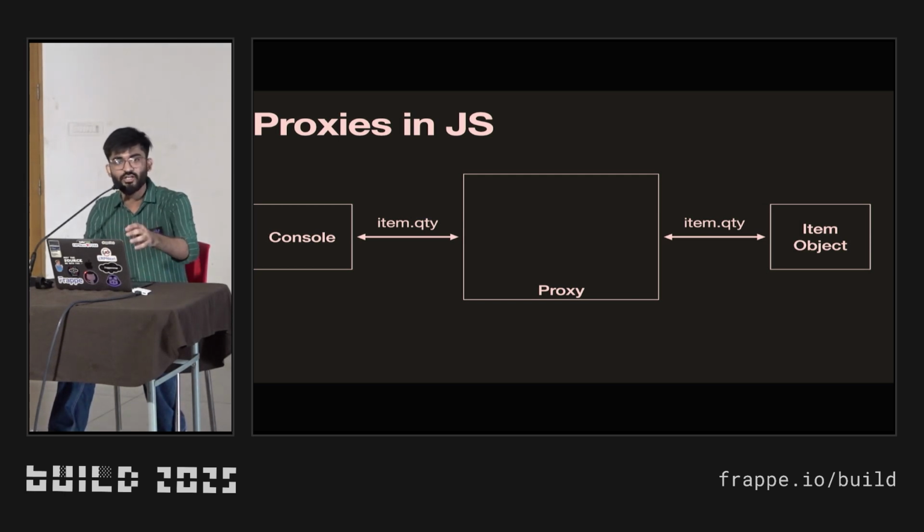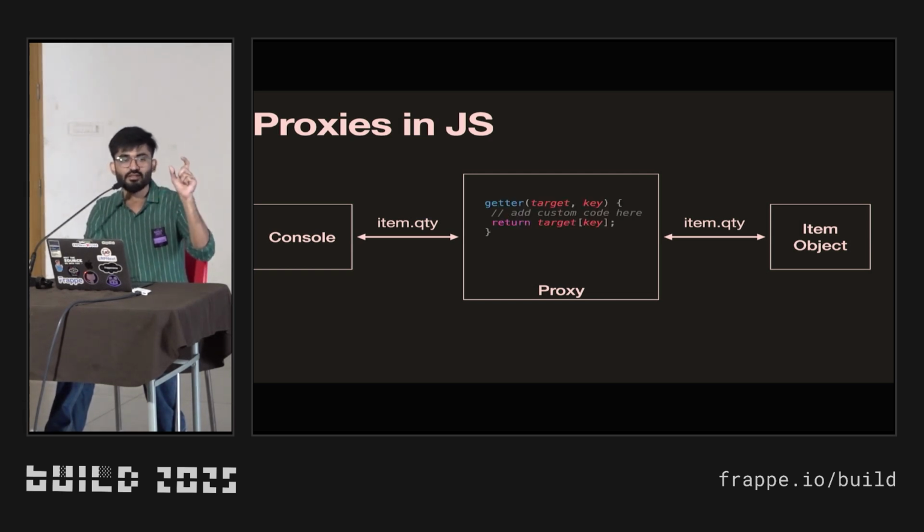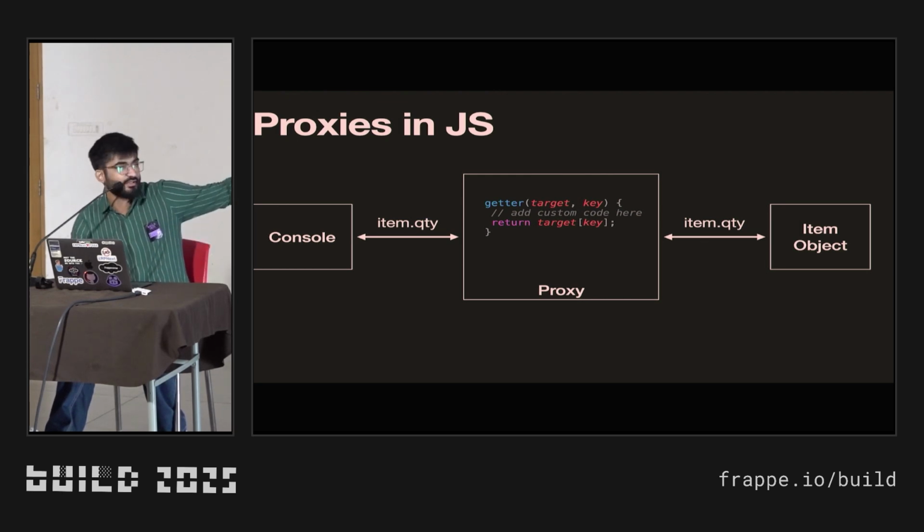Now the main thing about a proxy is it returns us the same object, but with some additional functionalities. For example, we are doing a get operation over here with item.quantity. Proxies allow us a way to intercept the get functionality or the set functionality and add our own custom code. So you can see that we have a getter function. We can add our own custom code and return the item.quantity itself.